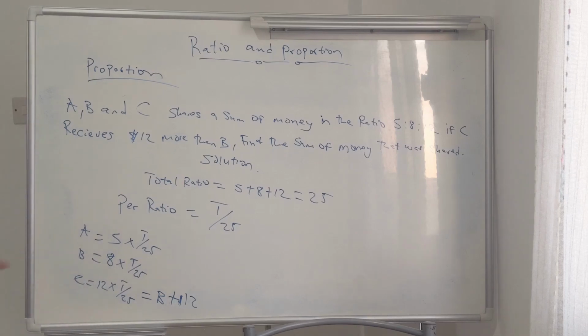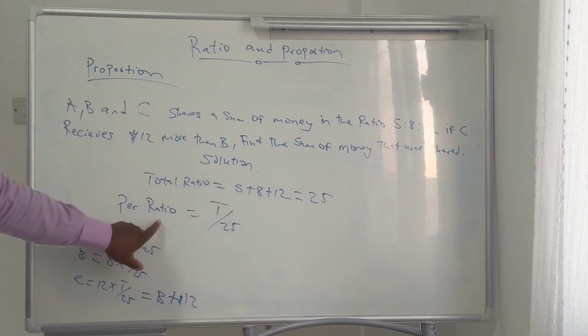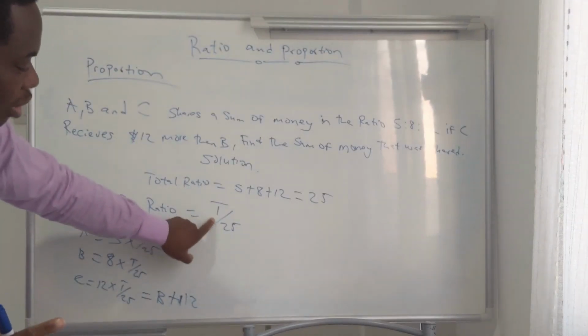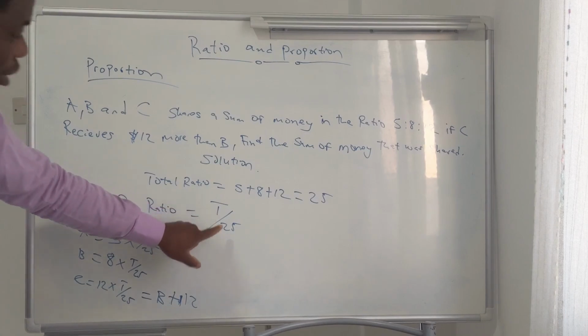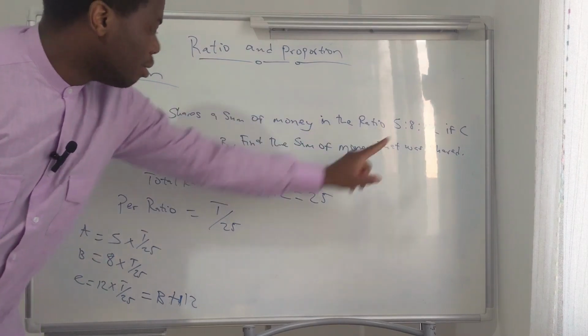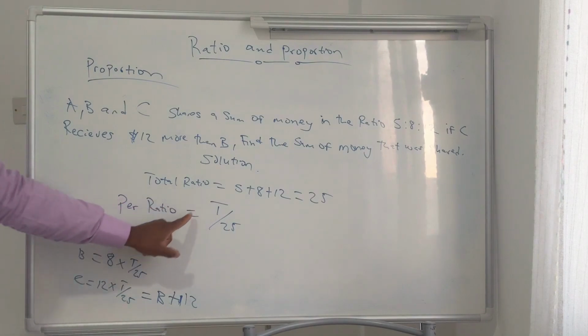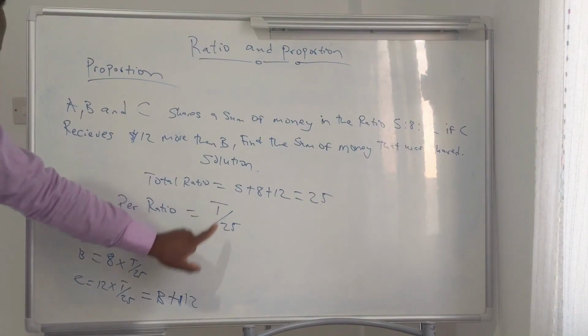So it's saying that A, as I've solved from the previous example, is equal to 5 multiplied by the amount per ratio, which is the total over the total ratio. So the amount that person A shares is 5 multiplied by the amount per ratio, which is T over 25.